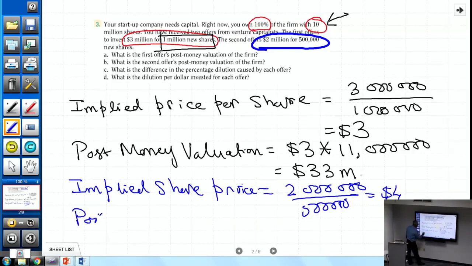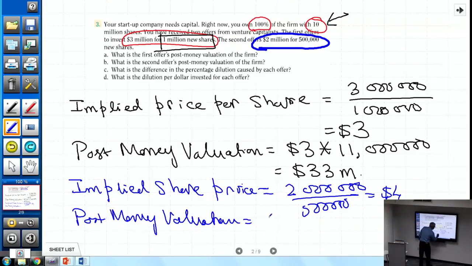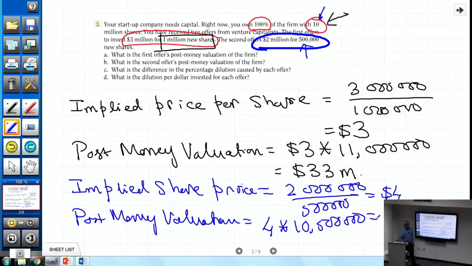Post-money valuation will be $4 per share multiplied by, now I'm going to add to this 10 million, 500,000. So that is 10.5 million, which gives us the new post-money valuation of $42 million. Okay, so we had 33 million and 42 million.